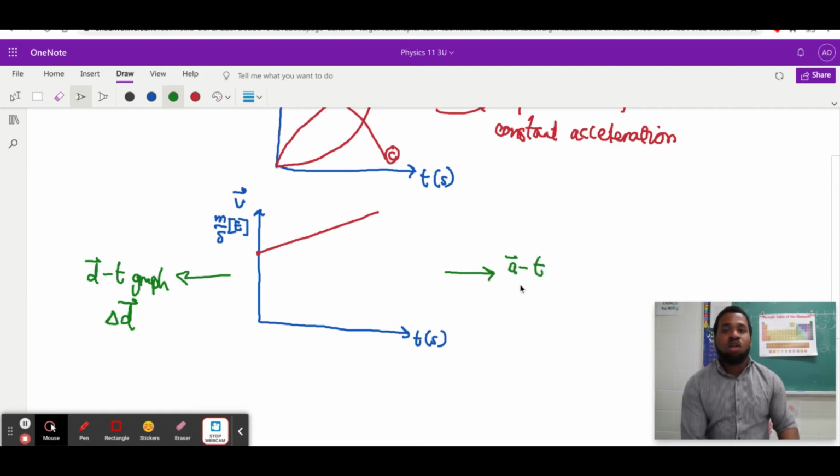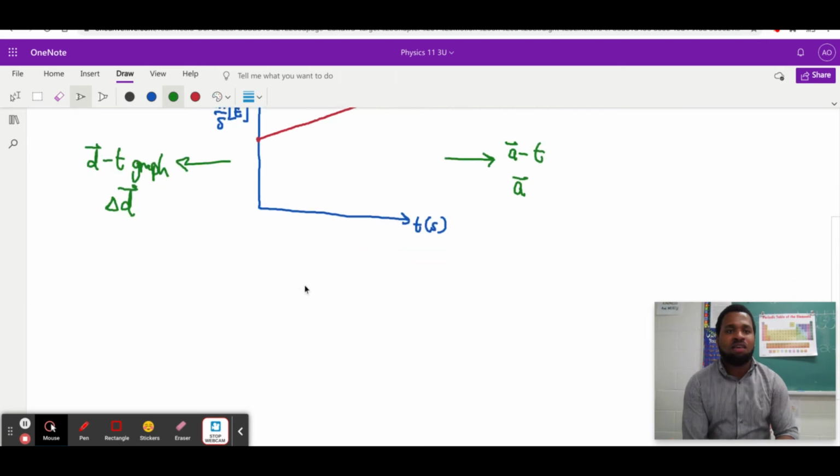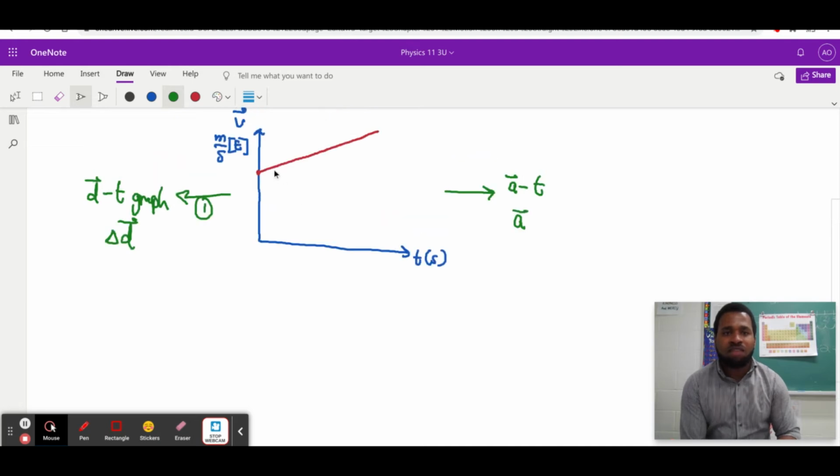In this case, we need to determine what is the constant acceleration. So the first step here is we need to focus on this particular part, which means we need to find the area under the curve, like what we talked about on our previous video.